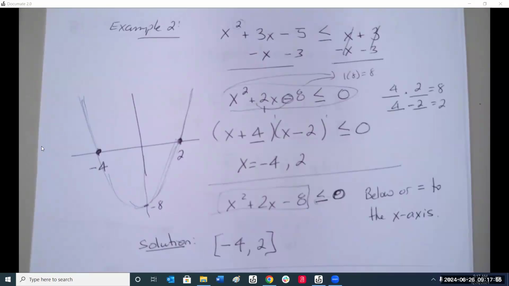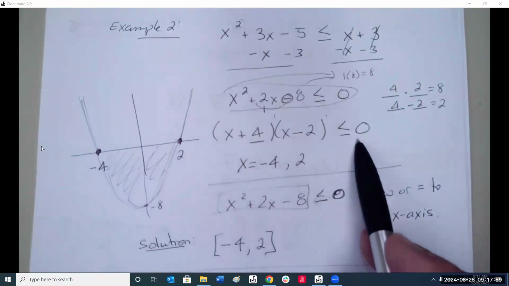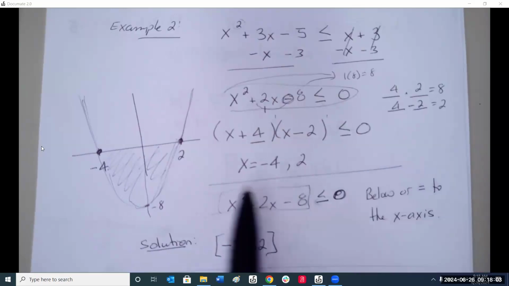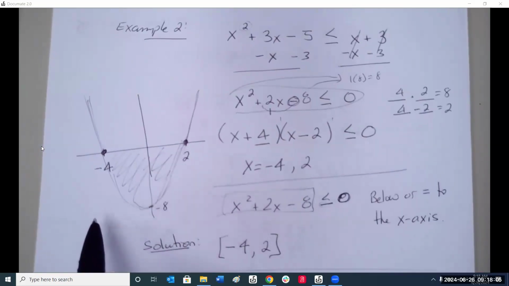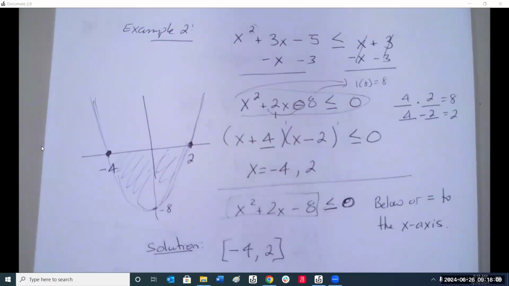Which part would you shade? Because we want everything below 0. Well, yeah. Because this part here doesn't exist in the graph. Because the area of the graph is what's contained in the graph. So this is the area of it.